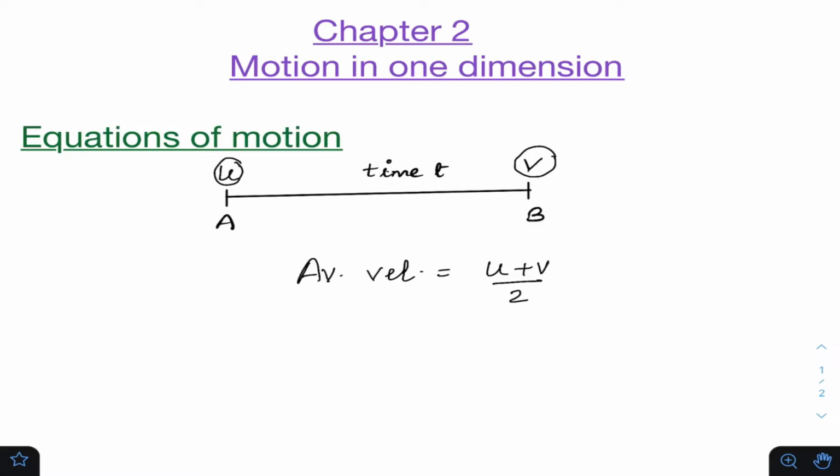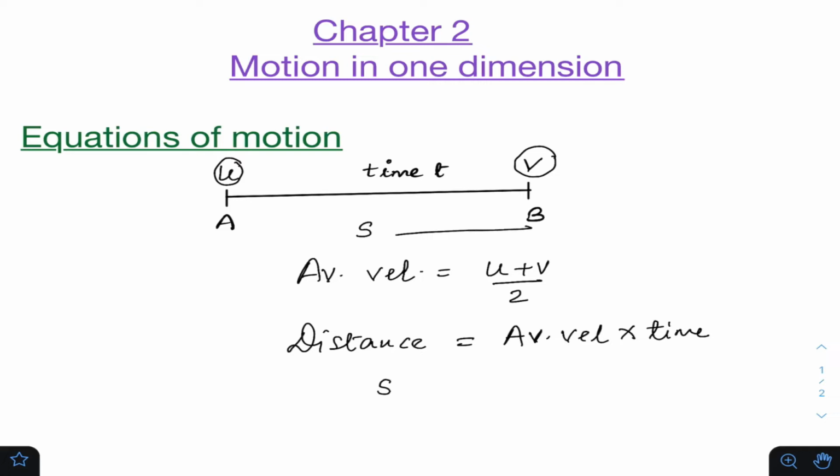Now in junior classes, you must have studied that distance equals speed into time. But here, instead of speed, we are taking average velocity into time. Now distance, we denote by small s. This AB distance is small s.